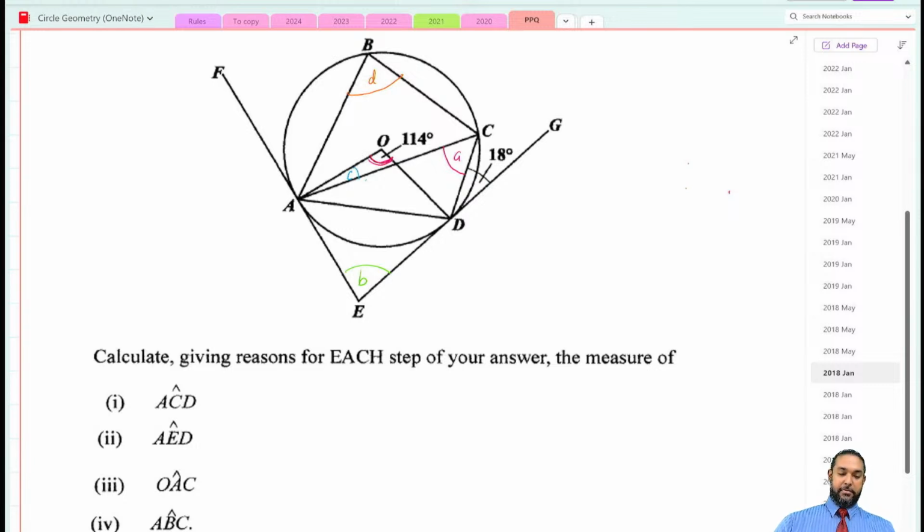So it's 18 plus 72. 33. Wait, so that means it can't be 57. It can't be 57.